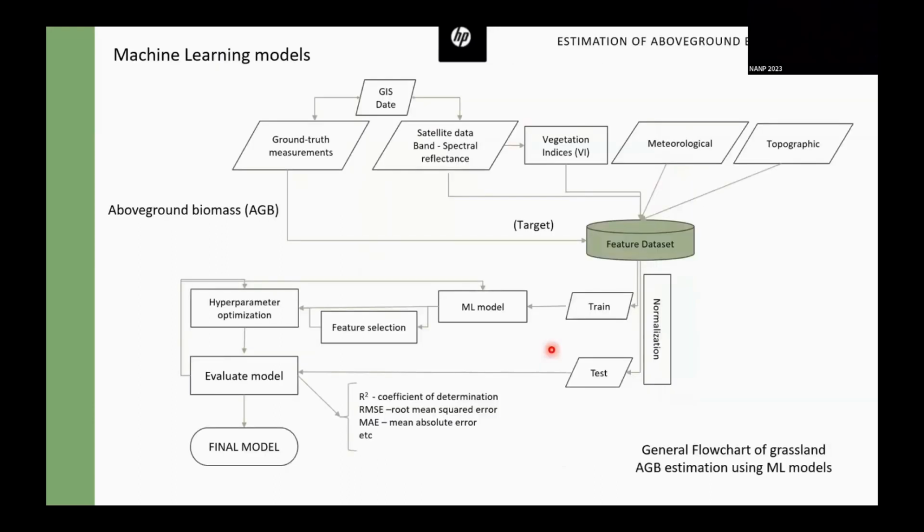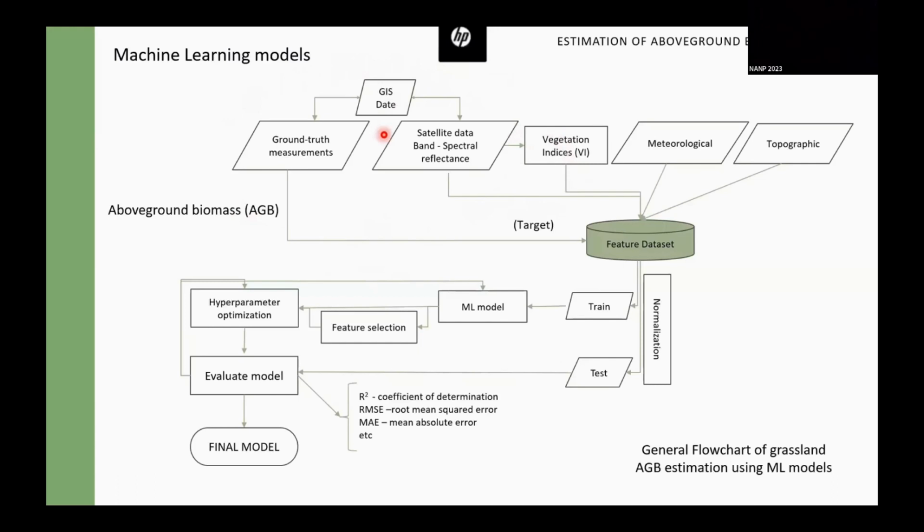So here is a brief, simple, general flow chart of how you can build those models using machine learning to come up with above ground biomass or forage biomass, or even further, chemical parameters. The first topic is that, similarly to the regression models, you need the ground truth measurement and the satellite data, like the spectral reflectance.